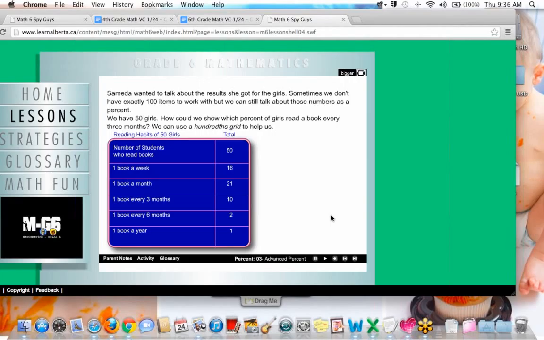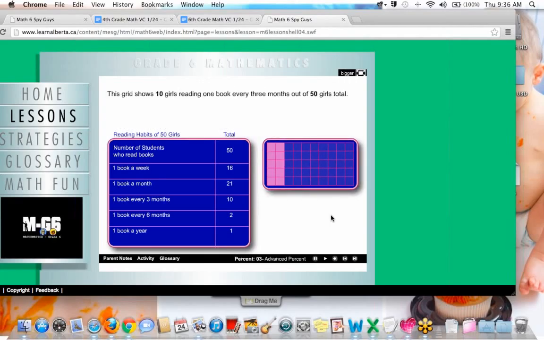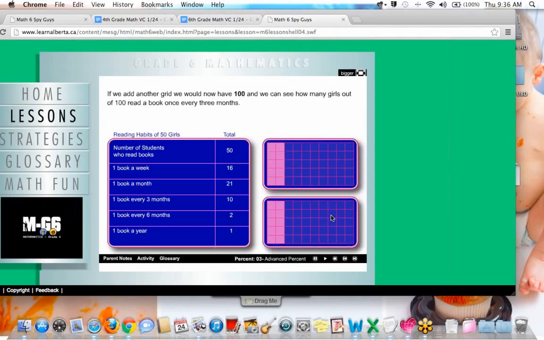We use a hundreds grid to help us. The grid shows 10 girls reading one book every 3 months out of 50 girls total. This can be written as 10 over 50. If we add another grid, we would now have 100, and we can see how many girls out of 100 read a book once every 3 months.